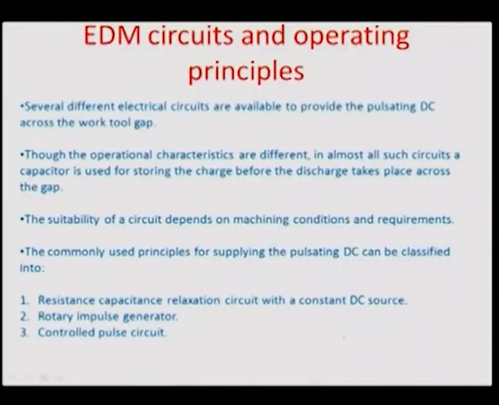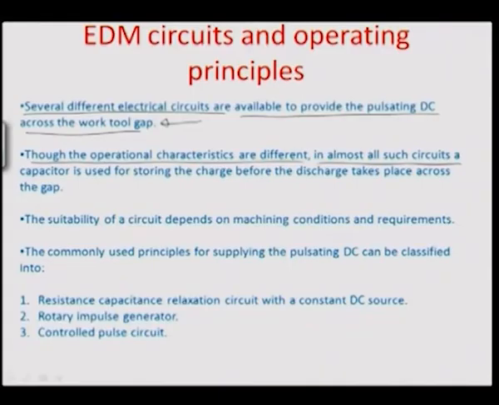There are several different electrical circuit designs available to provide this pulsating DC across the work-tool gap, and though the operational characteristics are different in almost all such circuits, typically a capacitor is used for storing the charge, particularly before the discharge takes place in the gap. It is used as a charge storing device.